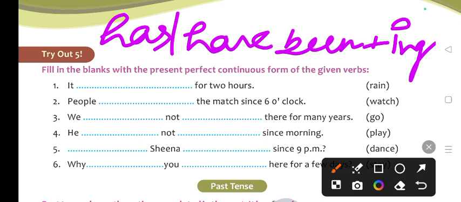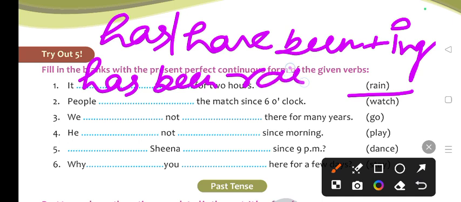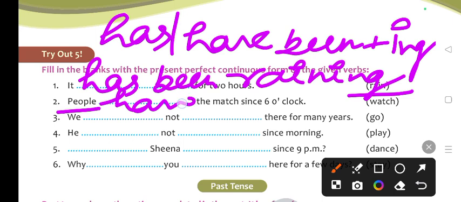So with it we will use here has. It has been. Rain is given in the bracket, so we will write here raining, ing form. It has been raining for 2 hours. People is plural form, we'll write here have been. People have been watch, just add ing. People have been watching the match since 6 o'clock.